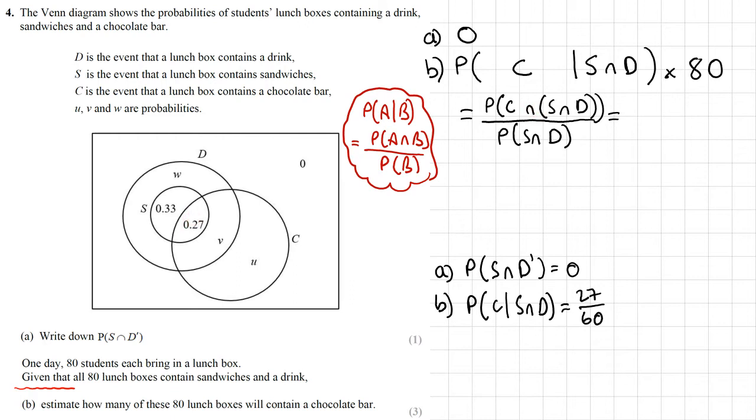Now on my Venn diagram, that's here. This bit here is S and D and C, and that is 0.27, so it goes at the top.